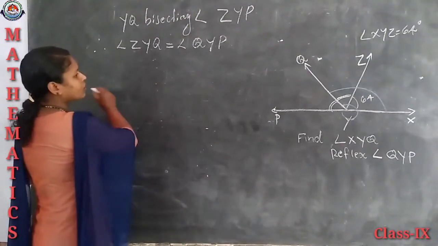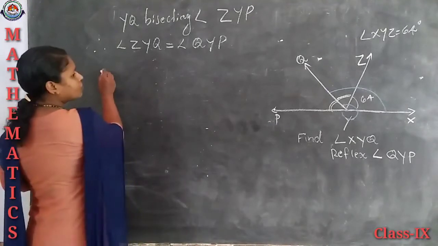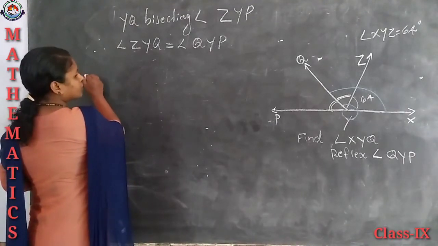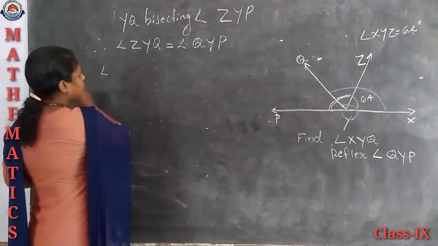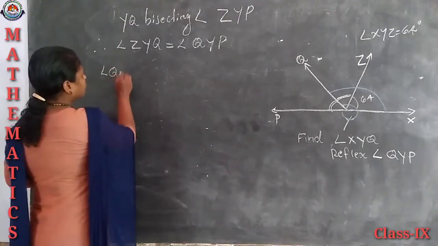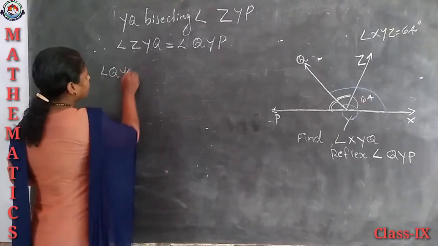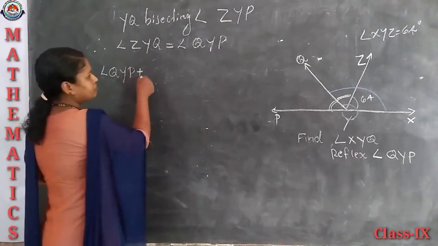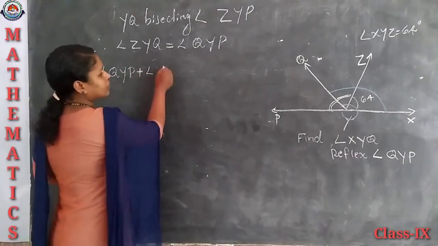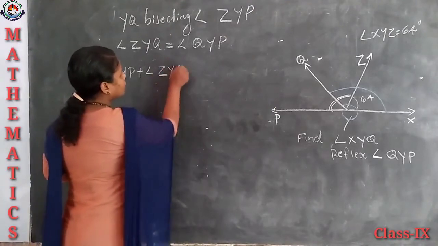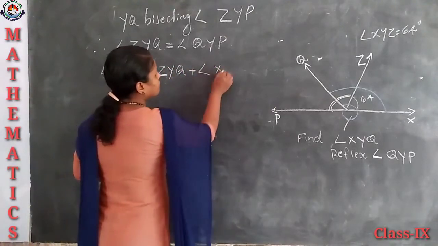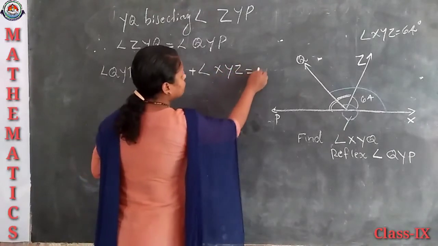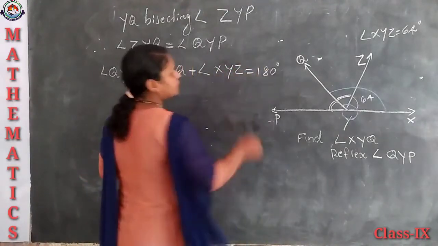Therefore angle QYP plus angle ZYQ plus angle XYZ equals 180 degrees.